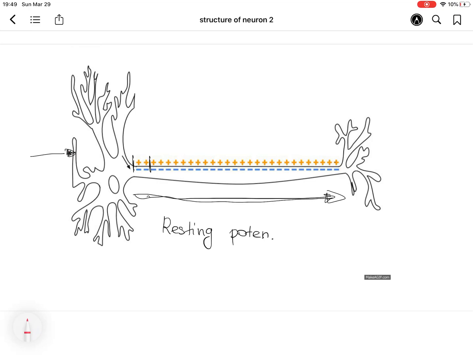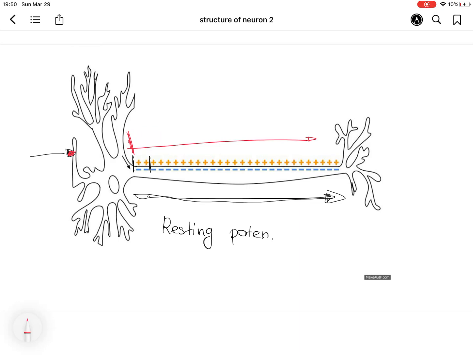For example, if this neuron receives an impulse here, the direction of the impulse will be like that. Before the impulse comes to the axon, we have a resting potential, which means the inside of the cell is minus and the outside of the cell is plus.